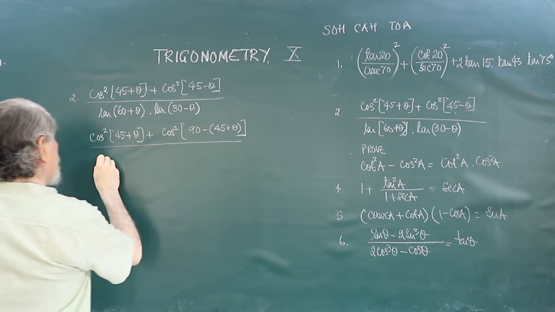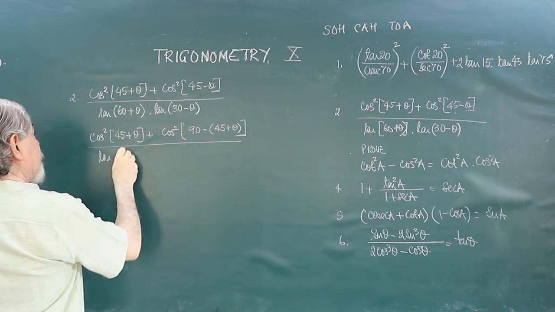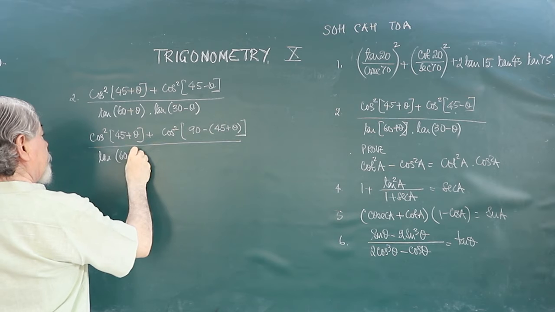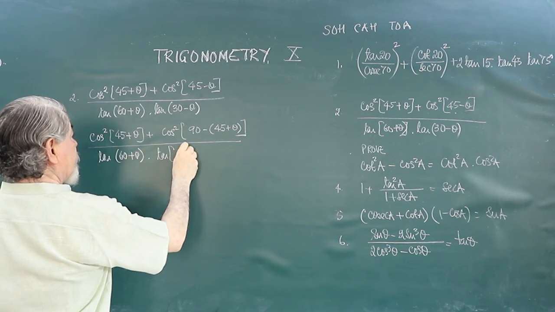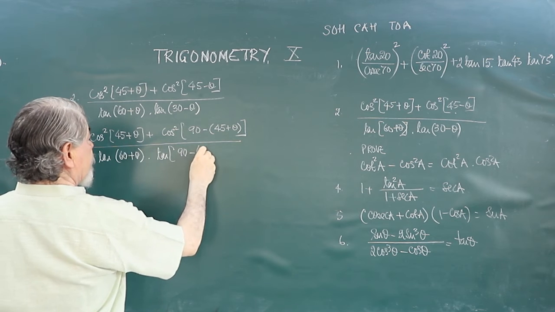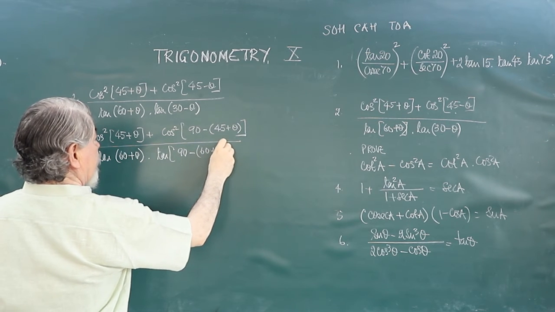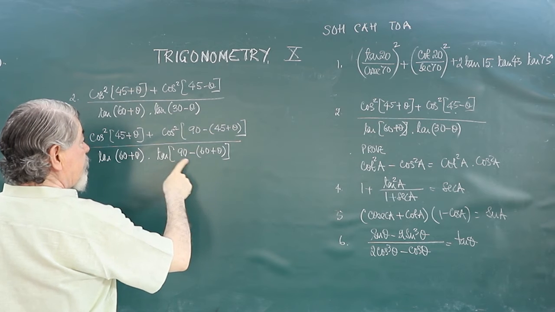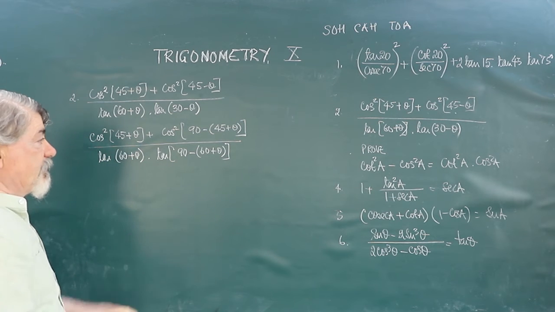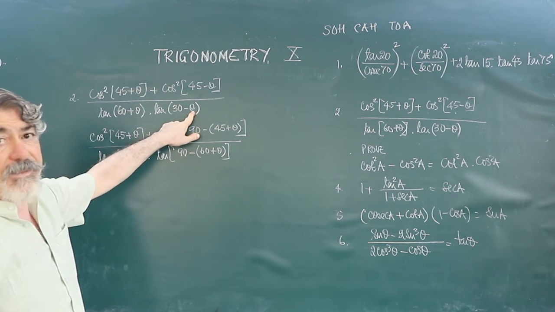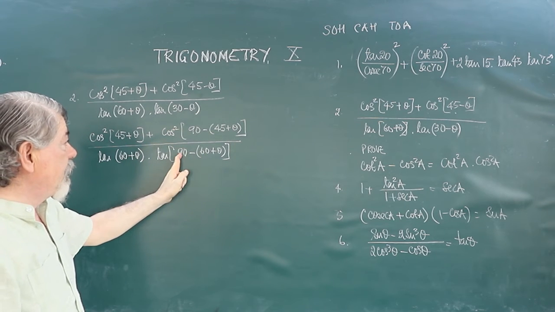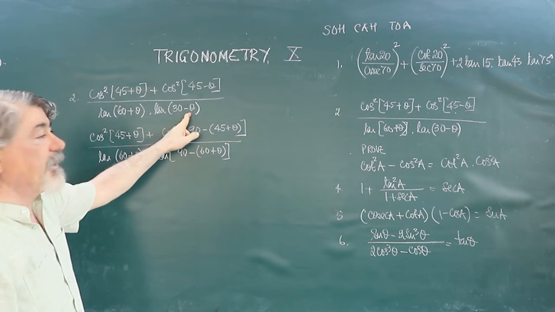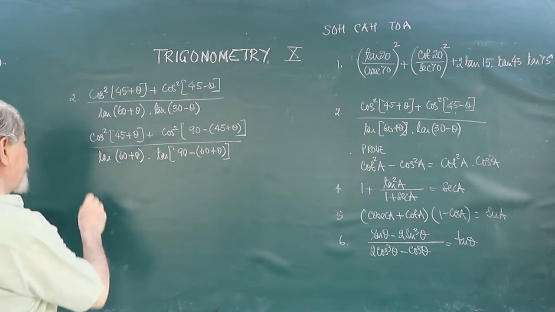Similarly, tan 60 plus theta, and this again from 90 I will subtract 60 plus theta. If you subtract from 90 the 60 plus theta, you will get 30 minus theta. So 90 minus 60 will be 30 and minus theta, 30 minus theta. So we are writing the same thing.